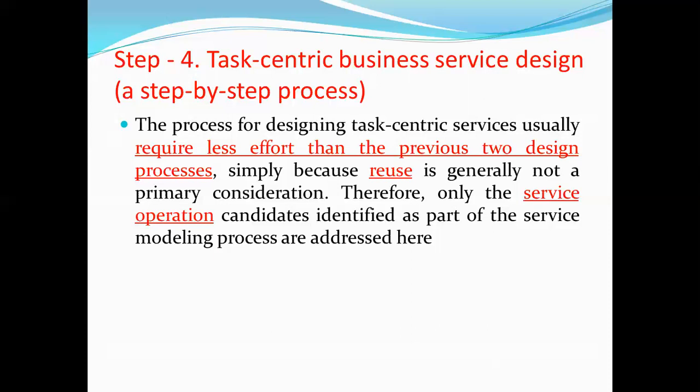We have already identified the service candidates. Now we are working on the operations of those service candidates. Every web service performs different operations, and operations identification is covered in the task-centric business service.